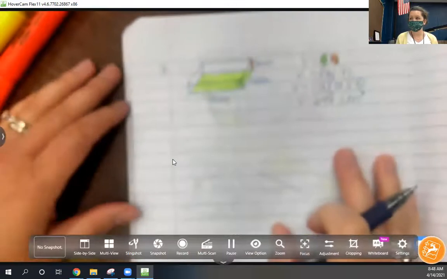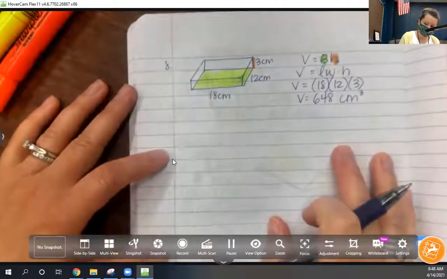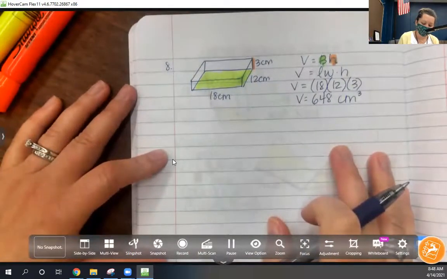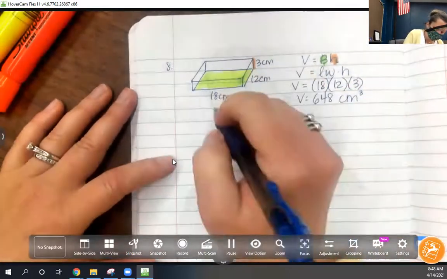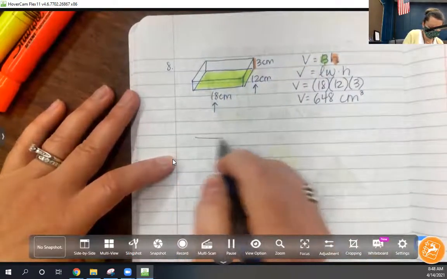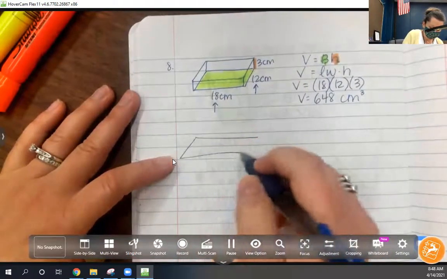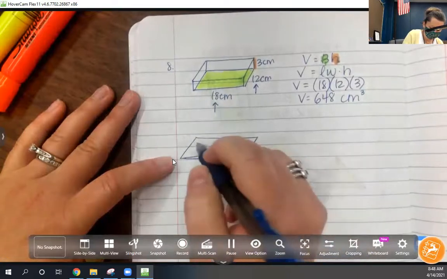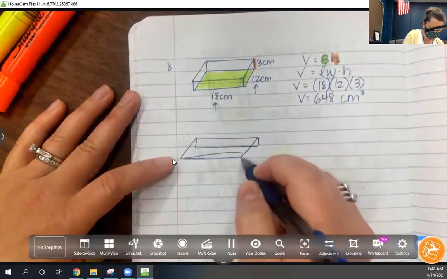centimeters cubed. So now I want to know, oh, that's kind of blurry. All right, there we go. What happens when we multiply the length and the width by 1/6? That means I'm going to change this number and this number, right? So let's create a new rectangular prism, just so we can see what those new values are going to be.